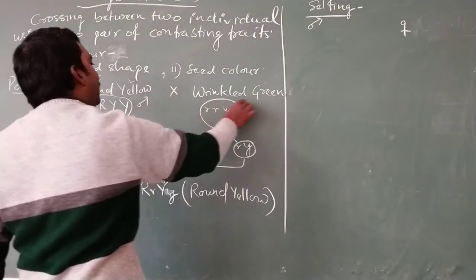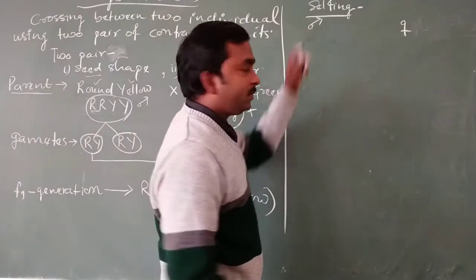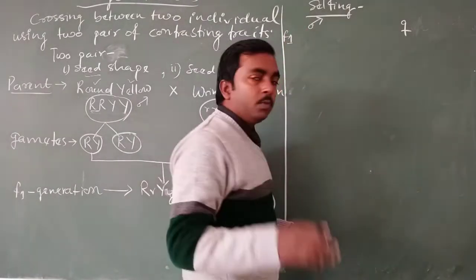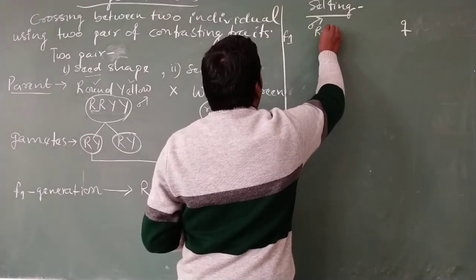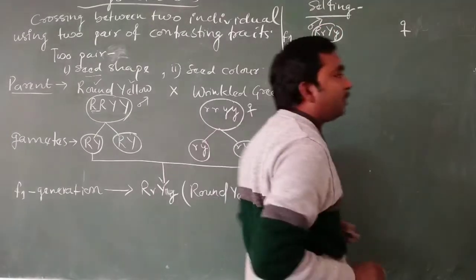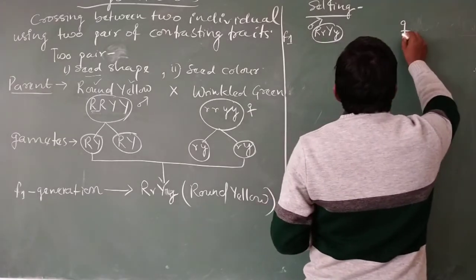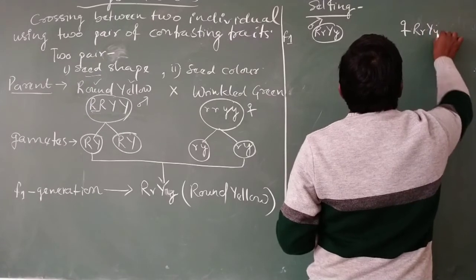Suppose here is the male and this is the female. If we take F1 female and F1 male, what will be the possible gametes? Capital R small r, capital Y small y is the genotype of the F1 generation for the male as well as the female.